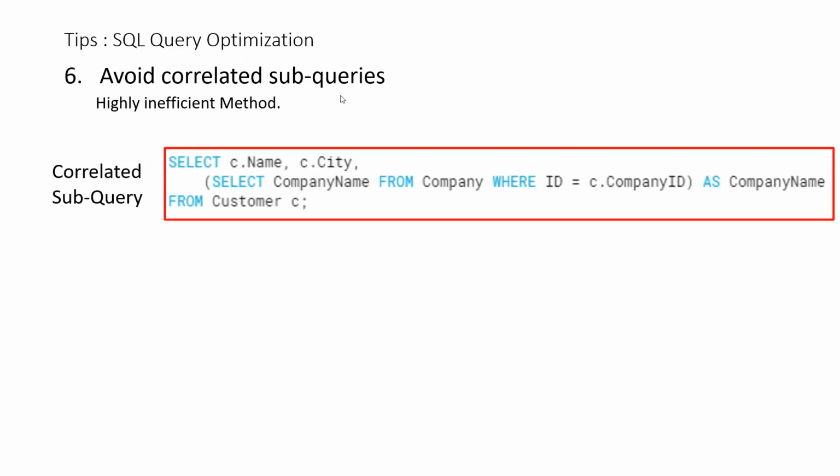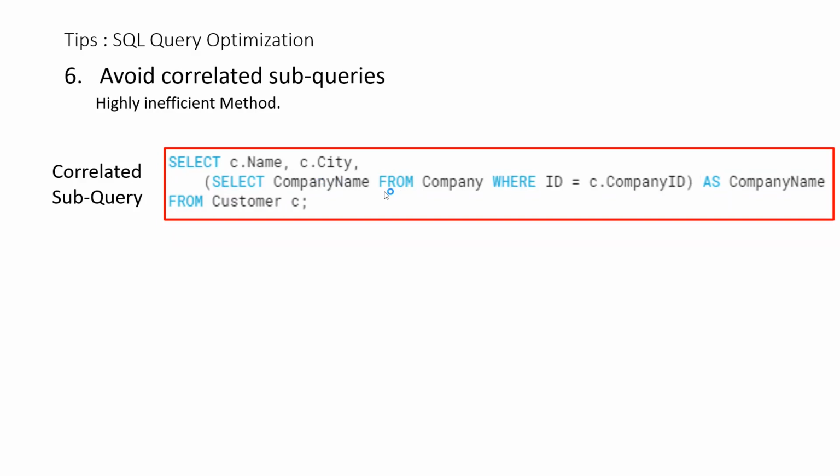Here there is a table called customer C, and we are also using a table called company. What a correlated subquery means is that there is a parent query that you have written and there is a child query. Whatever query is in the parentheses is called the child query.